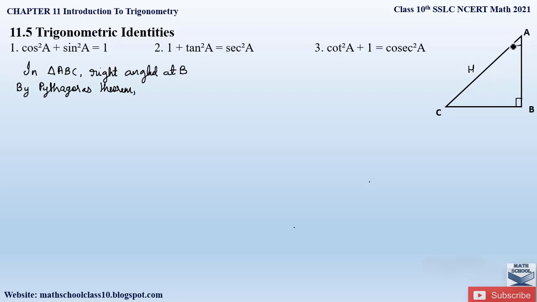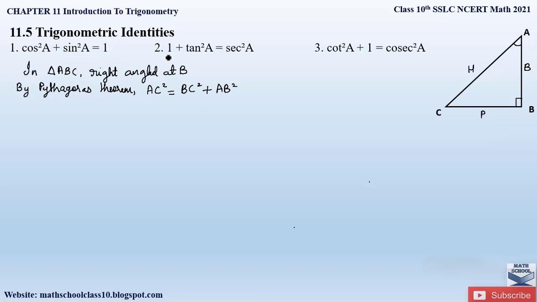Now since A is our acute angle, the side opposite the acute angle is the opposite side or the perpendicular, and the side along A will be our base. So according to our Pythagoras theorem, we have hypotenuse square is equal to the perpendicular square plus the base square. So here our hypotenuse is AC, so AC square is equal to the perpendicular is BC, BC square plus the base is AB. So we will get here AB square.